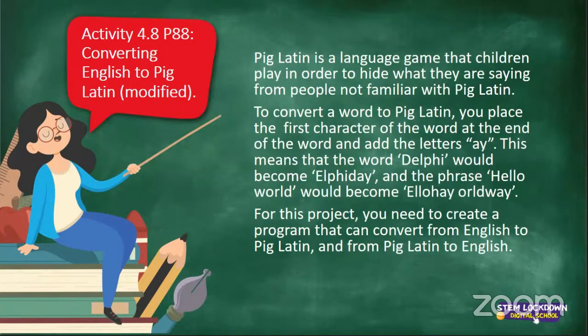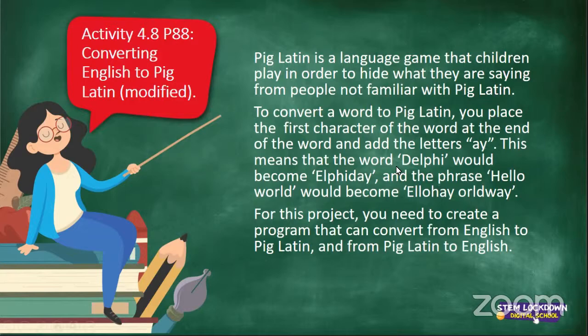Yesterday we started with our activity. We're playing around with this whole Pig Latin language where we take English words and change them slightly. In Delphi, the idea is to read in a paragraph, one sentence per line, into a memo, and then change our English into Pig Latin.